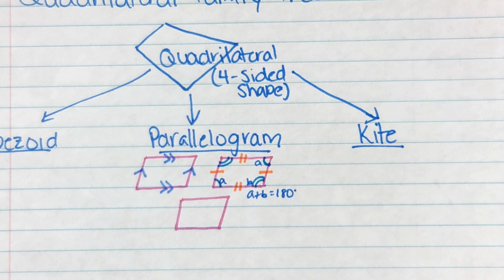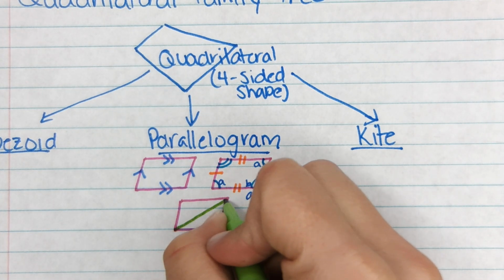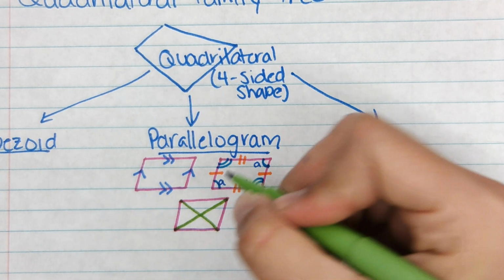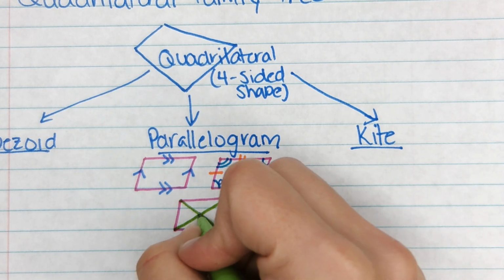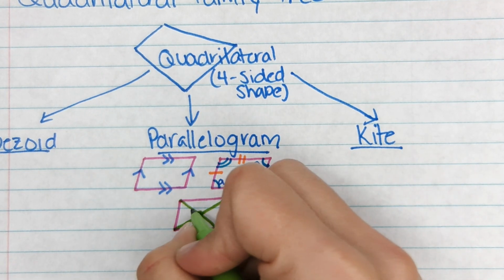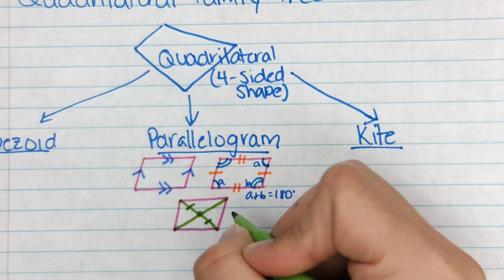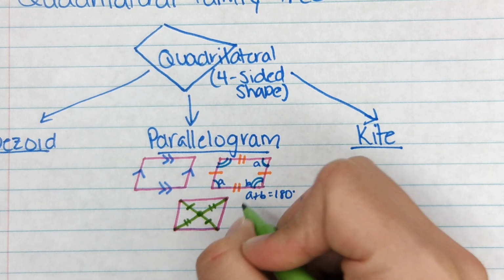Then one more thing about parallelograms, the diagonals bisect each other. So we have a diagonal here and a diagonal here. The diagonals hit at the midpoint, and this is the same length as this, and this here is the same length as this.